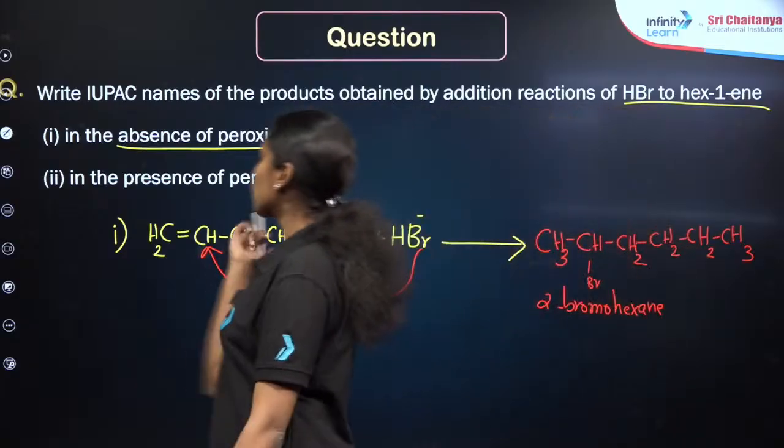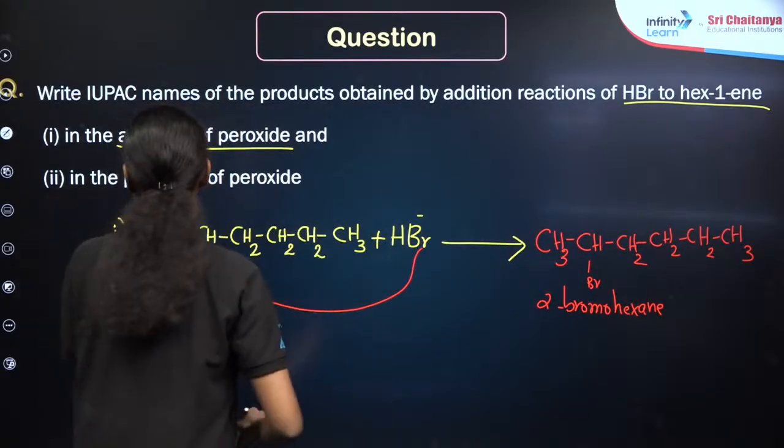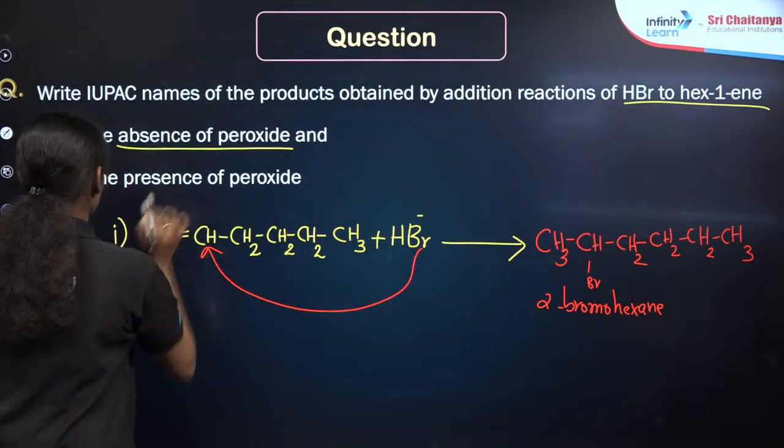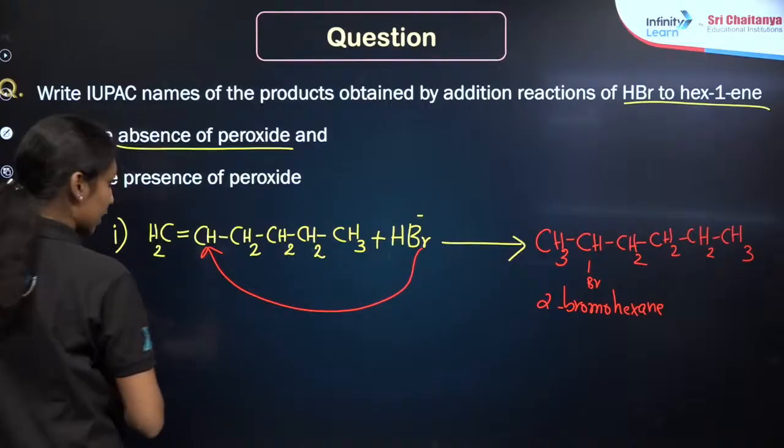The second case, if you are adding peroxide, it is about the anti-Markovnikov rule addition.